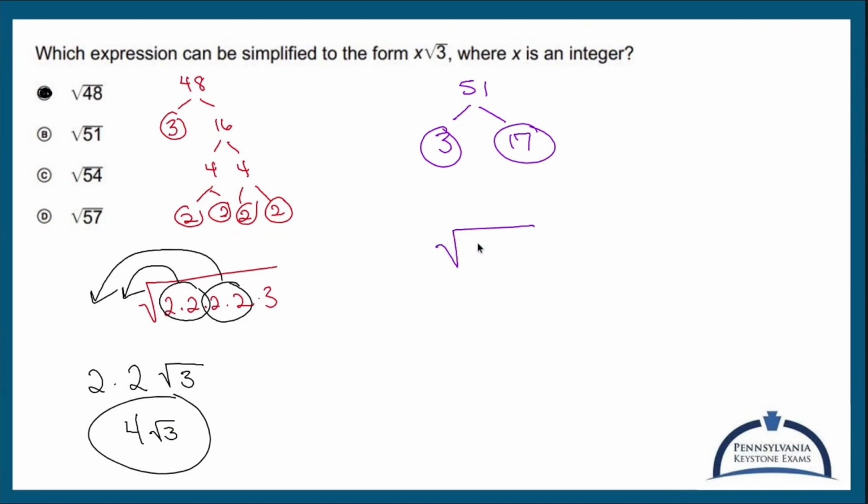So if you try to take the square root of 51, you're just going to do 3 times 17, which means you're not going to circle anything. Nothing's going to come out. You're still left with the square root of 51. So the square root of 51 is not going to look like something root 3 after I pull stuff out. That's what I mean by whatever root 3. So A, right off the bat, worked out nicely. The other ones won't, so we're going to go with A.